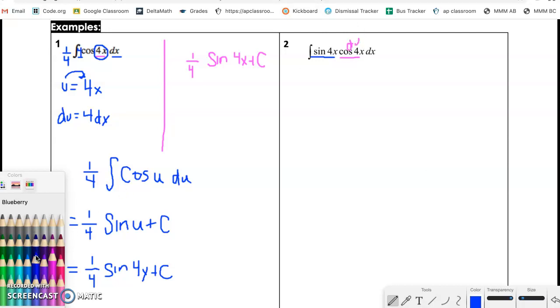So my original expression, my u, equals sine 4x.